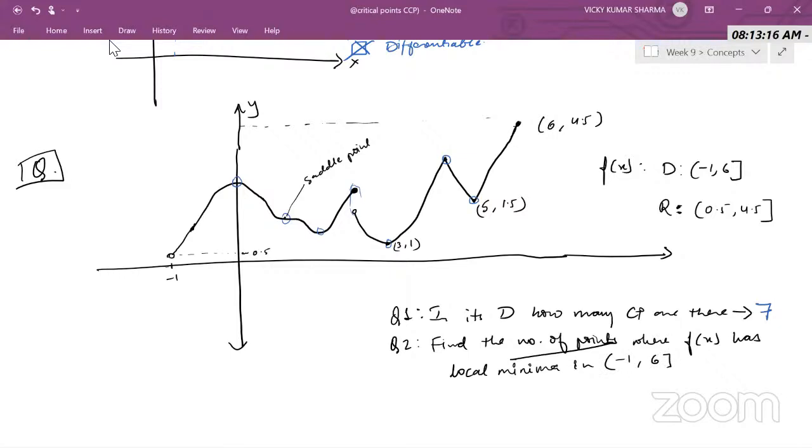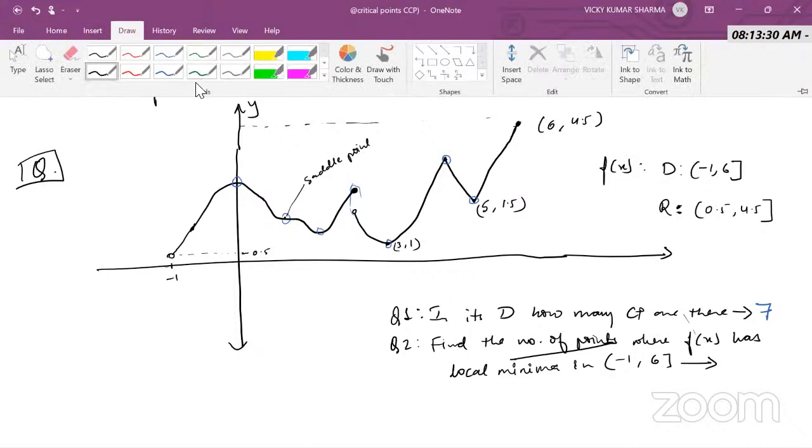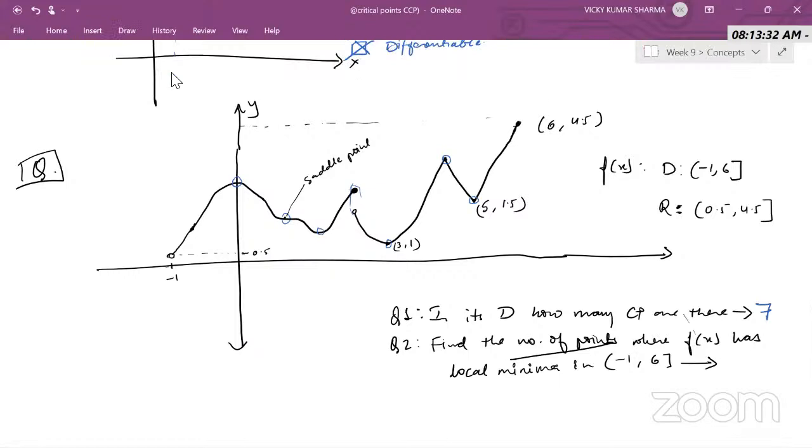Could you tell me how many points of local minima you have over here? 3. I have a question: in the saddle point, is this maxima or minima? You should tell me that. When do you say a saddle point? Think of the second derivative test.